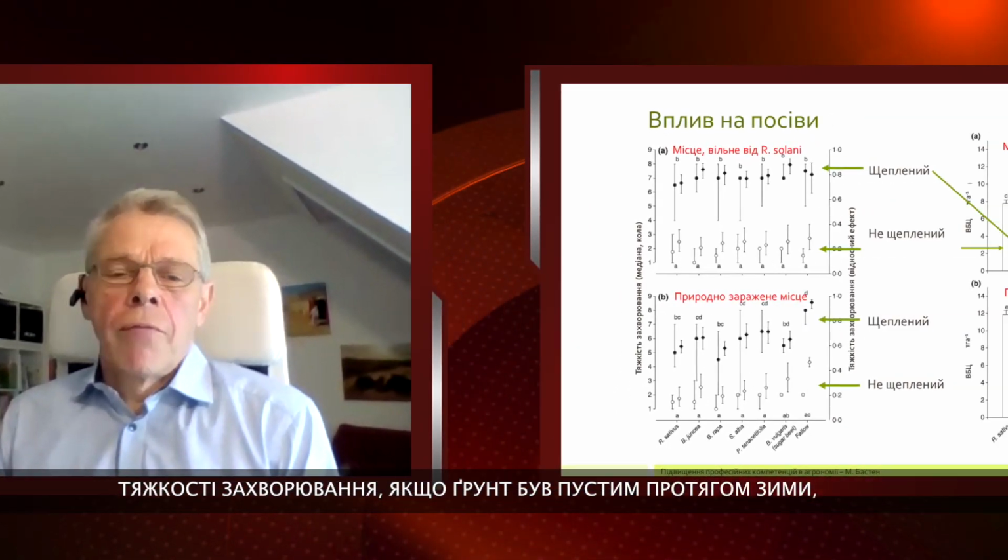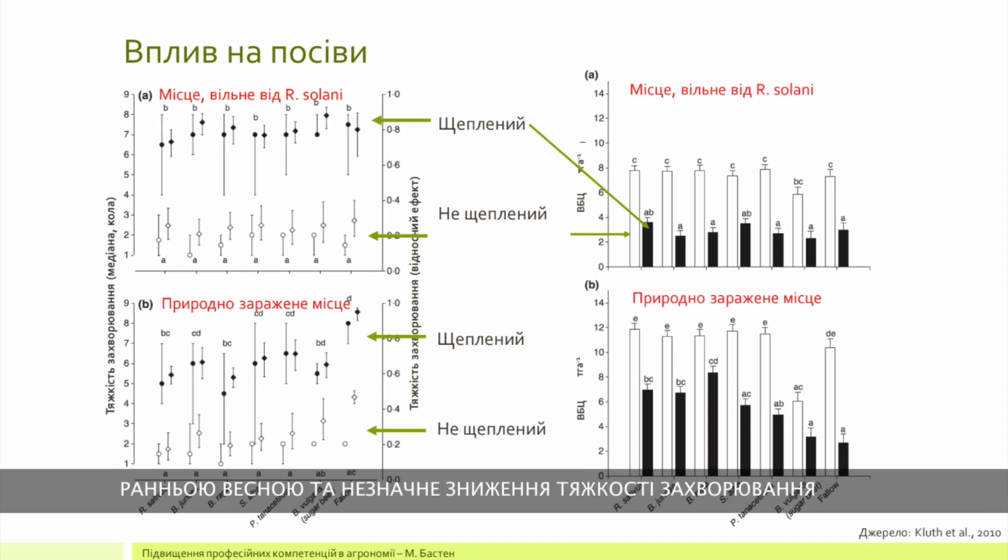So when we had a high pressure, either in the inoculated or non-inoculated treatment, we had an increase of the disease severity if the soil was left fallow, bare soil from over winter, early spring, and a small reduction in disease severity with these different intercrops.